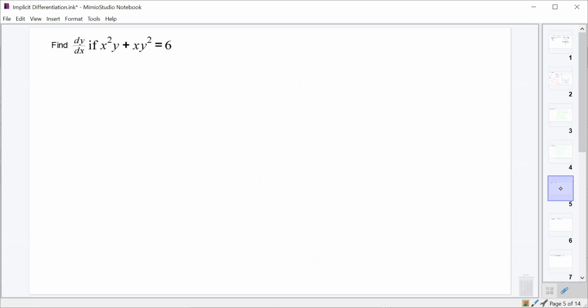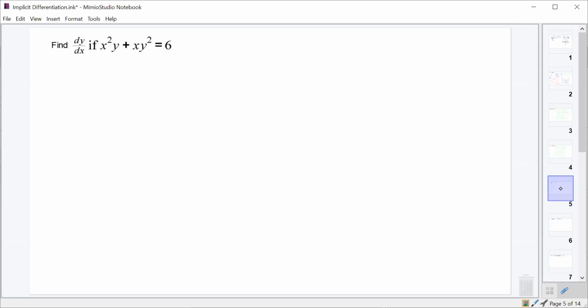All right. Now we'll get into a more complicated looking one. x squared y plus xy squared equals 6. So what do we need to do? Do we need to move the y's to the same side, or do we just keep it from there?